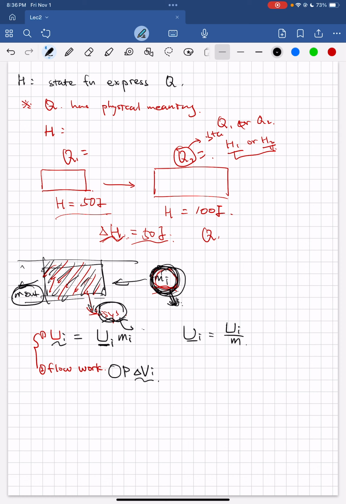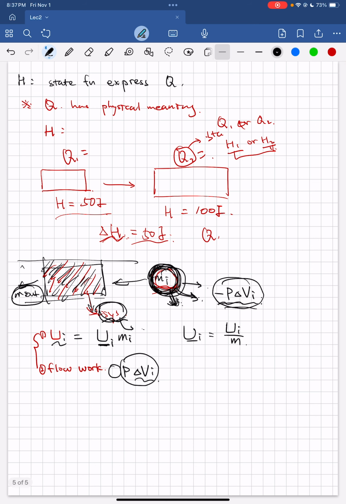It is because in terms of this Mi, the work of this Mi is like we talked about, minus P delta Vi. But it is in terms of this particle. It is going to do this amount of work to the system. The system is going to receive this amount of work. So when we look at the system, it is going to gain the opposite amount of work, right?